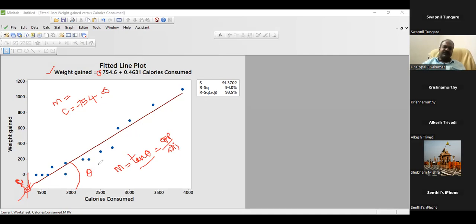What is the name of that tool that we normally keep inside the geometry box? Protractor. Very good. Use the protractor to measure the angle and then take the tangent. Take your scientific calculator and take the tangent. Now that will lead to 0.4631. That's all. All of you understand how this 0.46 is coming?